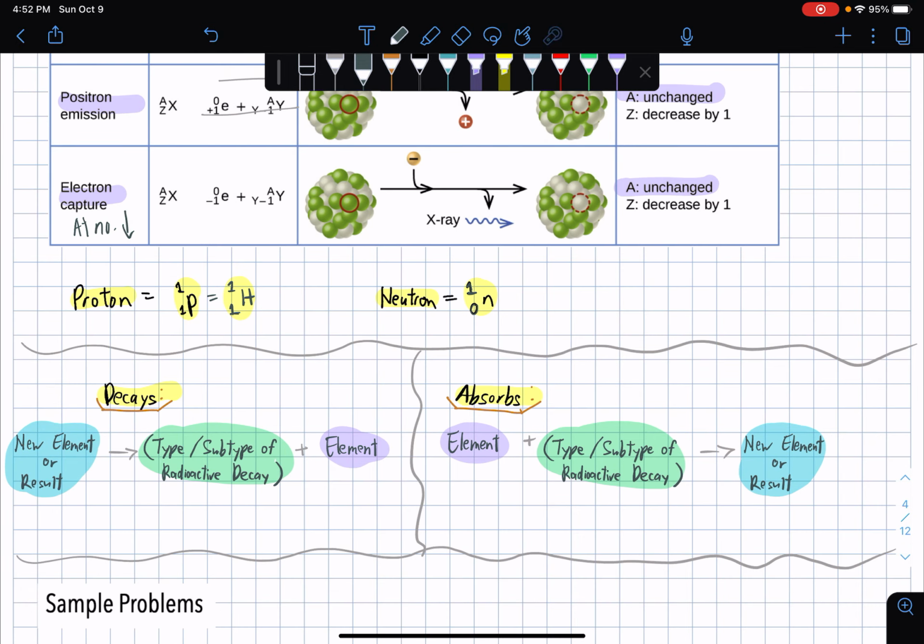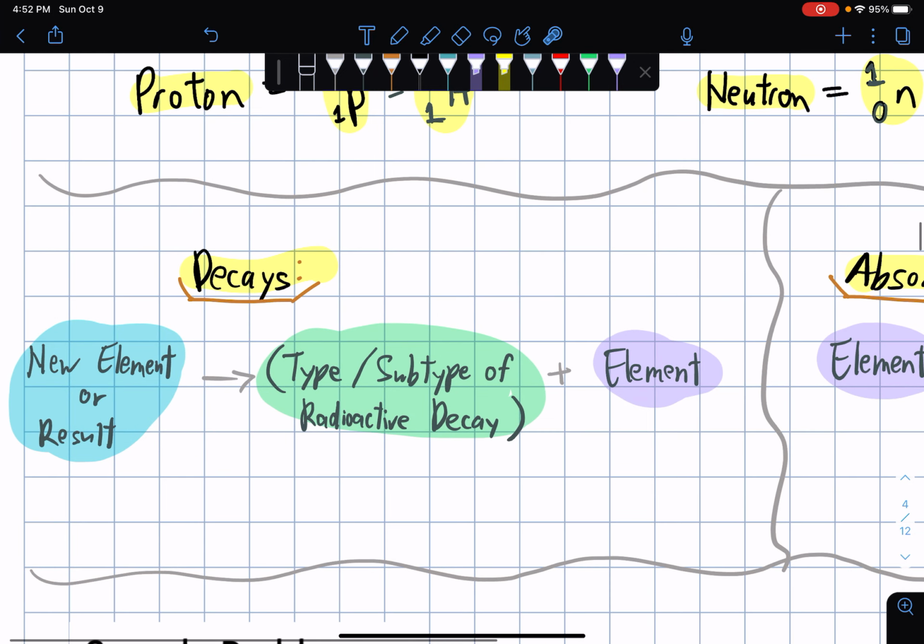So let's start with this. For decays, the keyword is decay.